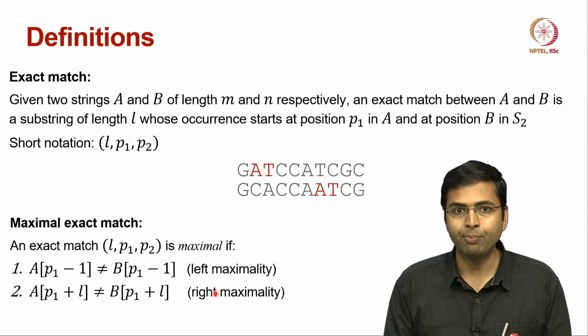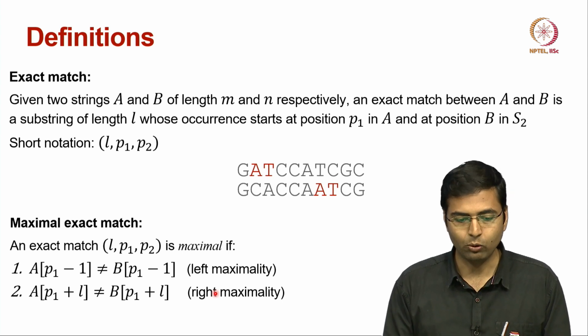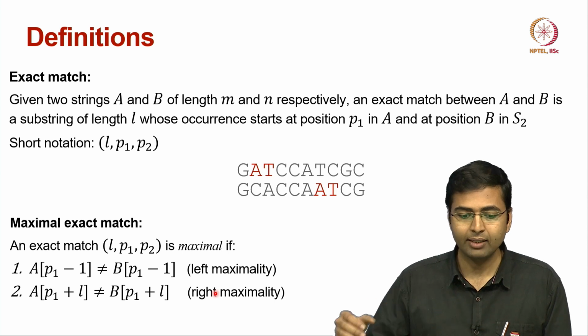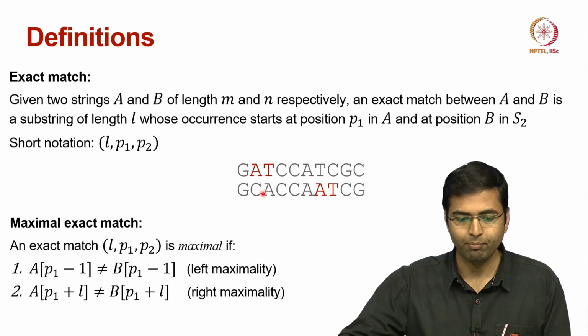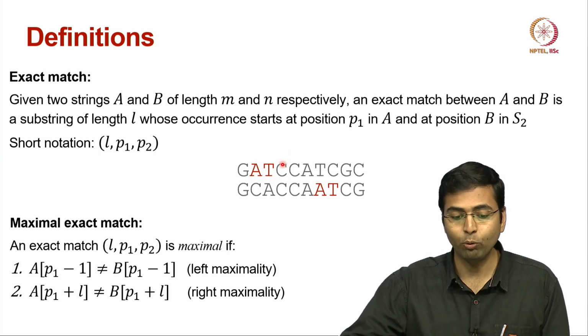To see an example, consider this sequence match AT. The substring AT is common in both sequences, so therefore AT is a match. However, is it maximal? Well, in this case it is not maximal, because you can see that I can extend this match to the right by one position.